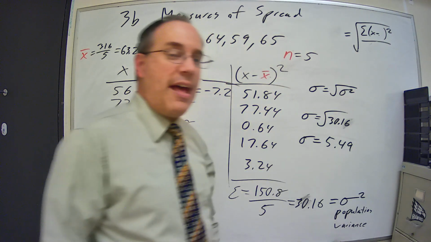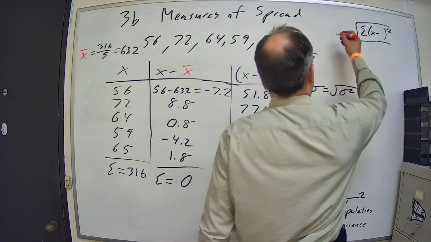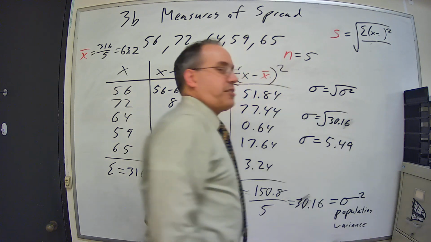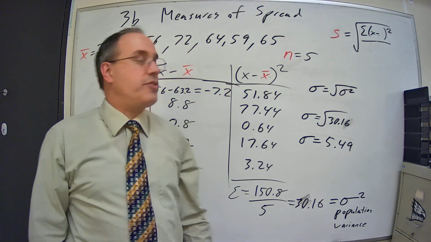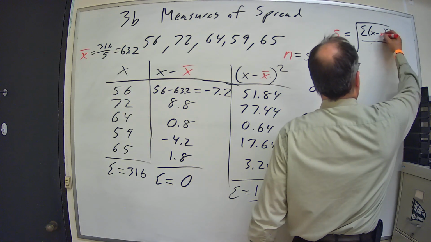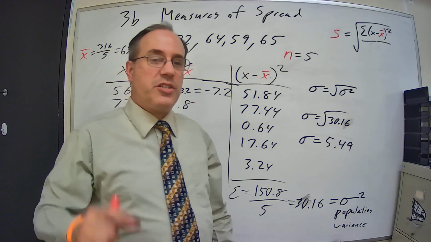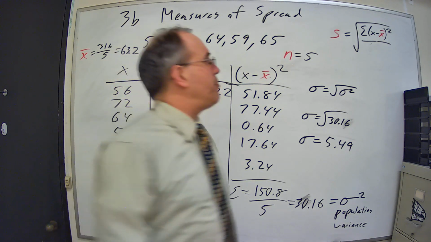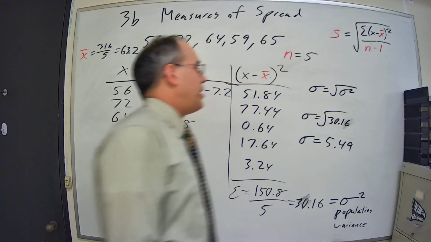The first is that for a sample standard deviation, we use the letter S. That's not a 5, that's an S for standard deviation. So that's a sample standard deviation, x minus x bar squared. And the other little change is it's not just divided by n, but it's divided by n minus 1. So lowercase n minus 1.